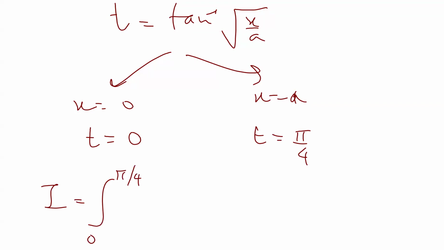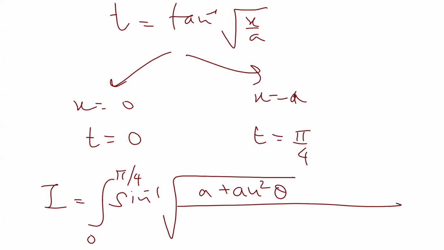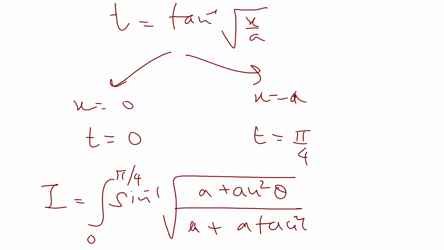Sine inverse, x is a tan square theta, right? And down a plus a tan square theta.